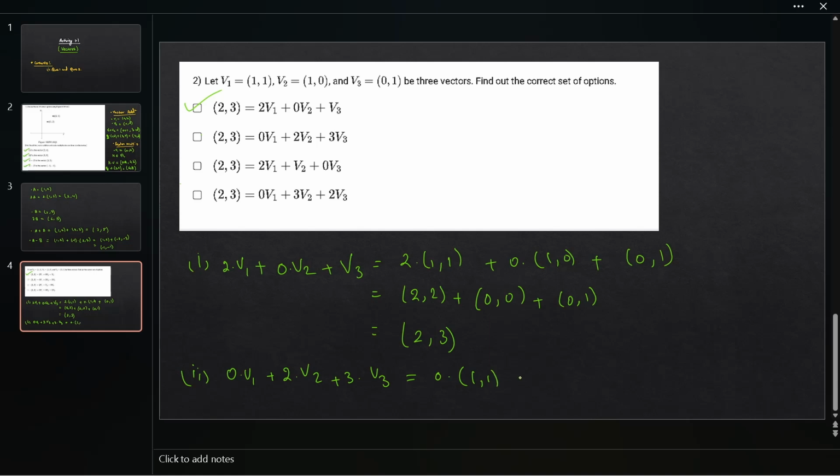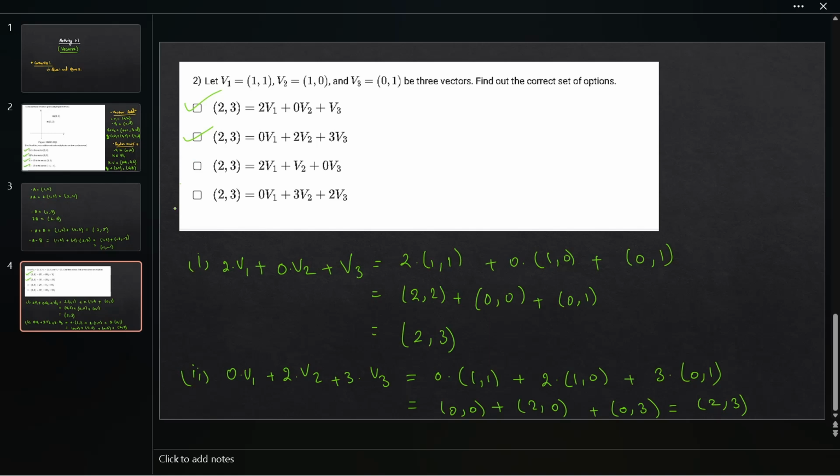So 0 times (1, 1) plus 2 times v2, which is (1, 0), plus 3 times v3, which is (0, 1). This becomes (0, 0), then (2, 0), and finally 3 times v3 becomes (0, 3). If we take the vector addition, it is going to be (2, 3). So option 2 is correct as well.